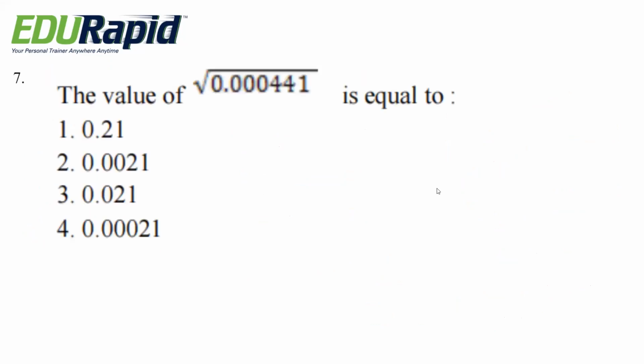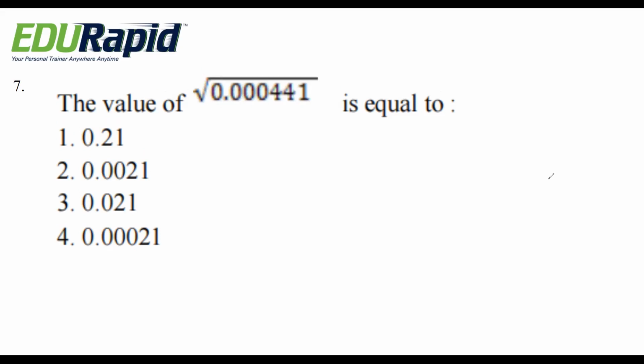Next question: the value of square root of 0.000441 is equal to, options are 0.21, 0.0021, 0.021, 0.00021. Here in all problems, you have to remember that table I mentioned earlier.